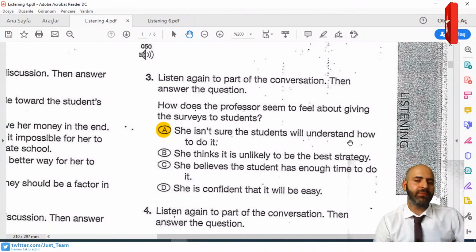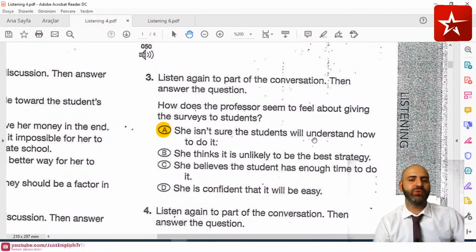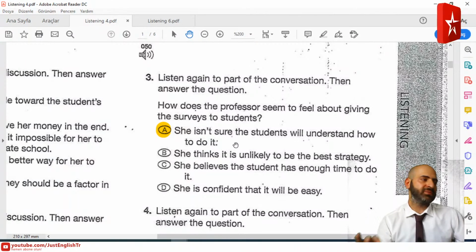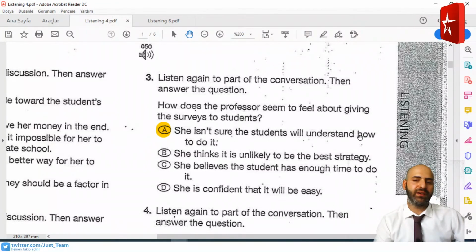We can argue maybe about how to do it. If the question was she is not sure that students will do it, this could be an even better answer. If we delete here how to and we just say students will do it, this will be an even better answer.